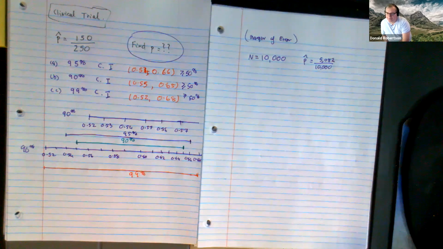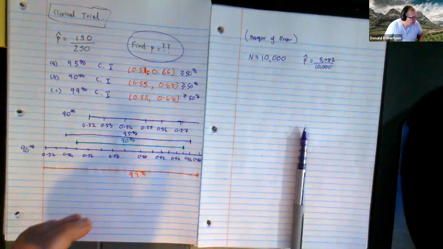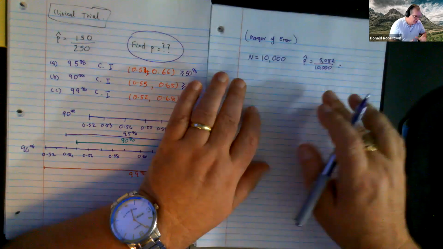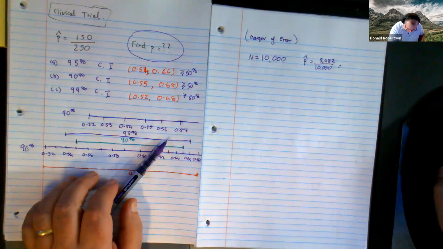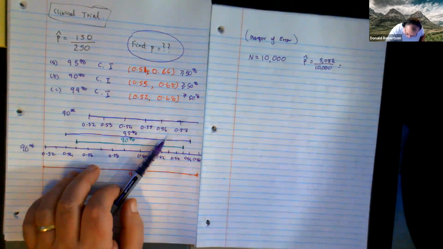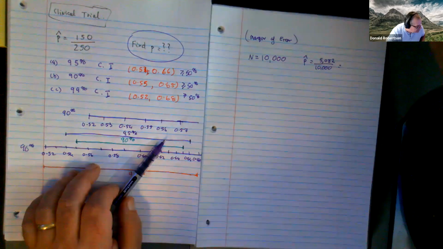That's the puzzle, right? Now, I'm going to save myself a little bit of time, and I'm going to put this information into WebAssign, and in particular into SALT. So though you can't see me doing this, I'm typing it in. So 5,082 goes in. It was out of 10,000 people.